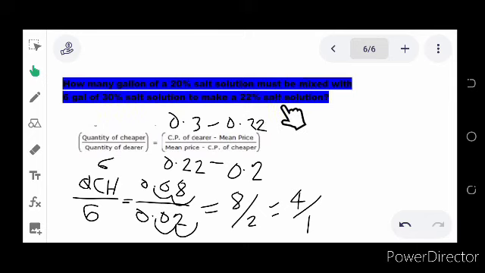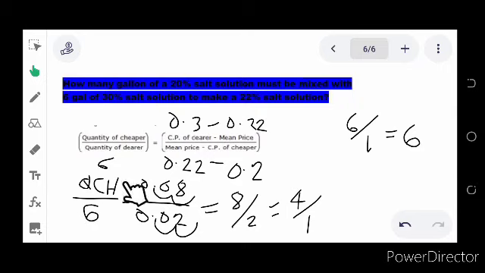a 22% salt solution. Now, since you already have 6, and this 6 is only for the dearer, which is 30, and based on the ratio it only consists of 1 part, that means 1 part is 6. So to show that, we can just have 6 divided by 1, or mentally, if you're going to use logical reasoning, since the ratio is 1 and that's 6, that means 1 part is just 6.